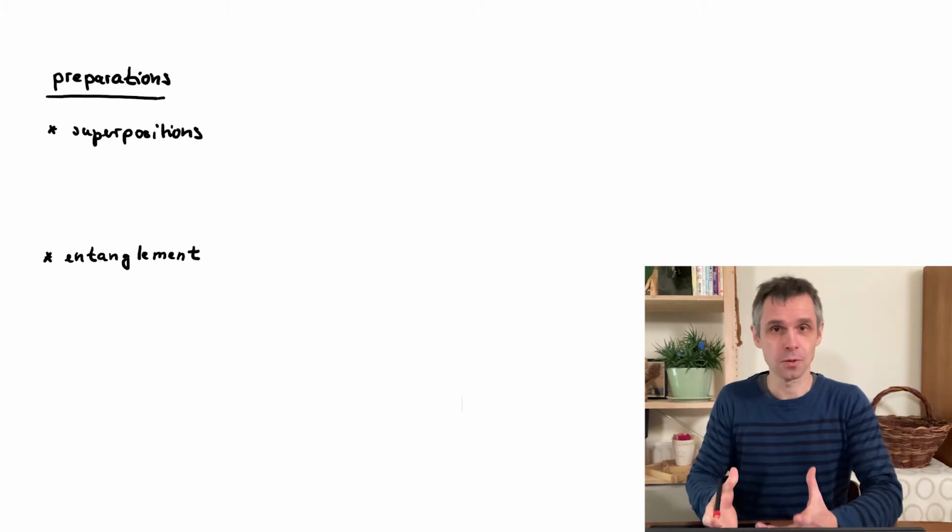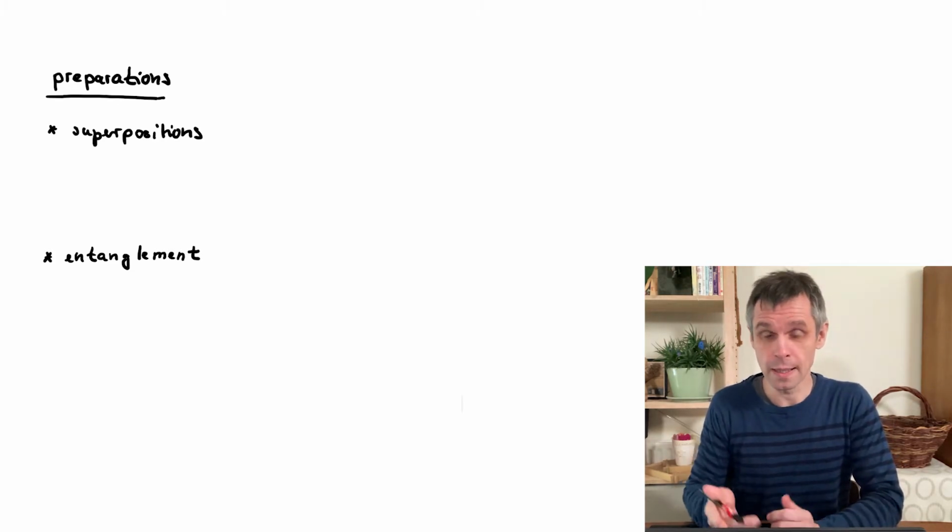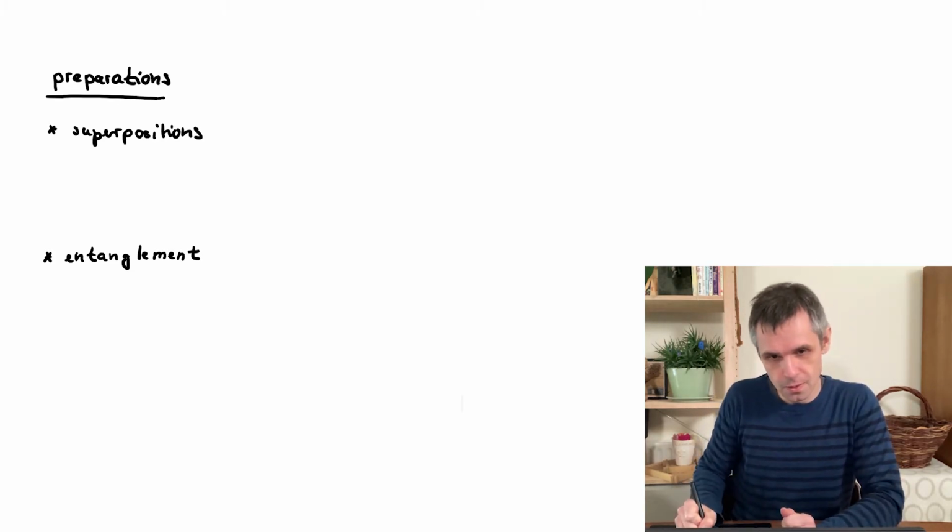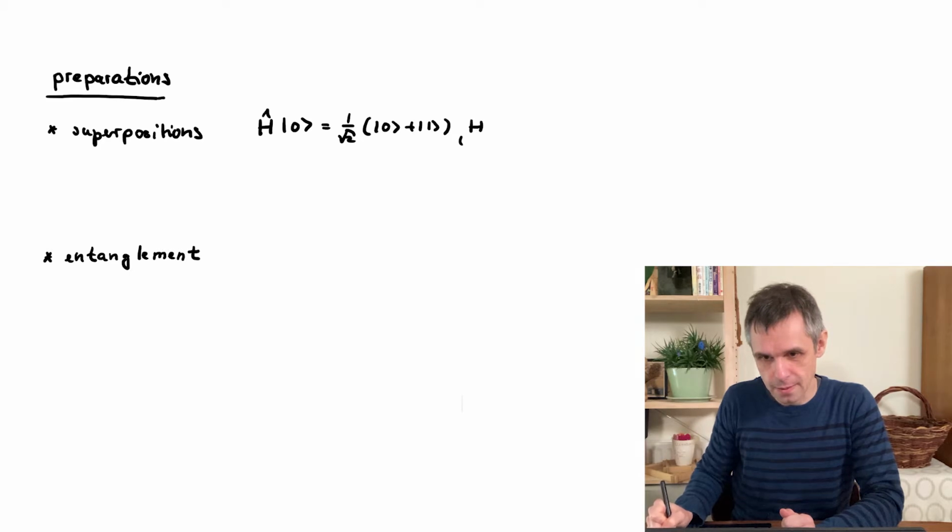And our method to generate superpositions is using Hadamard gates. So when we act with a Hadamard gate on a single qubit in this state, we obtain this superposition. And when we act on the other computational basis state, we obtain this superposition.